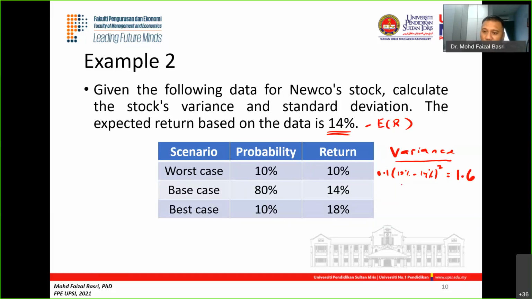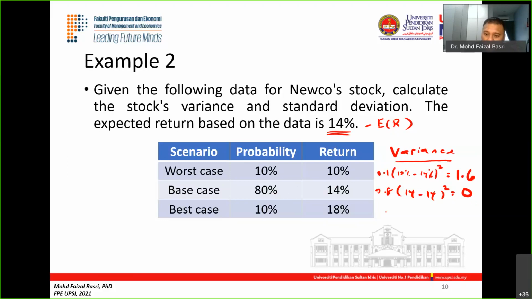Okay, so we're going to measure for all three. Here it will be 80%, 14 minus 14 squared. 14 minus 14 is 0, squared also 0, times 0.8, it's going to be 0. In the middle it will be 0 variance, no risk whatsoever for this case, because the chance is so high.